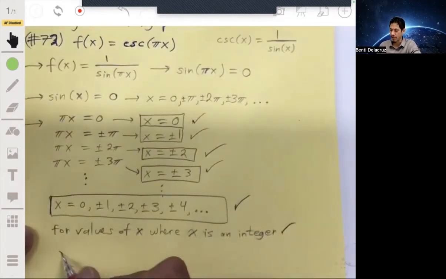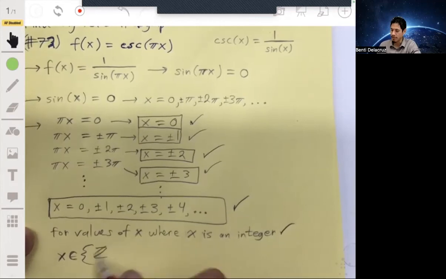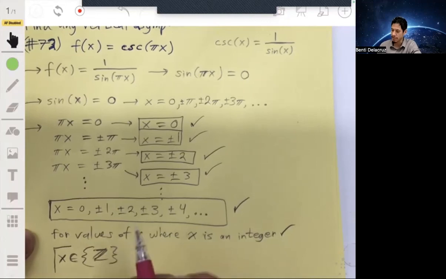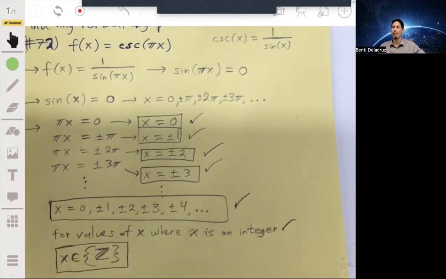Maybe even this, you'll say x is an element of the integers, and they usually use a large Z to represent that. So maybe you see something like this, but they're all saying the same thing. So just make sure you understand it, and know what way your teacher or professor would like your answer to be expressed.